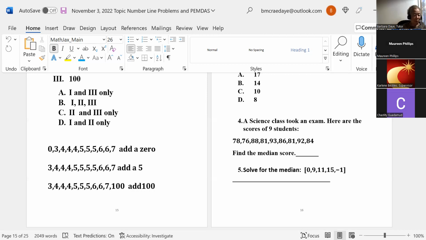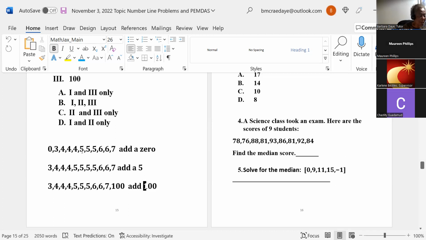Now, what is the median for the first one, Maureen? It's 2, 4, 6, 8, 11.